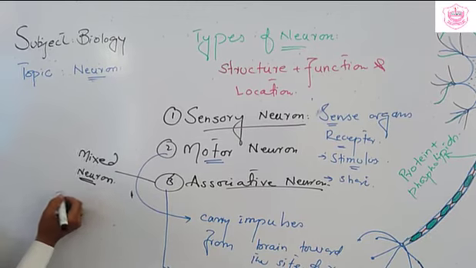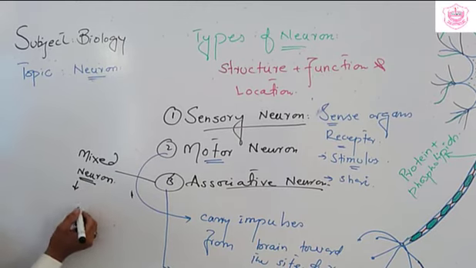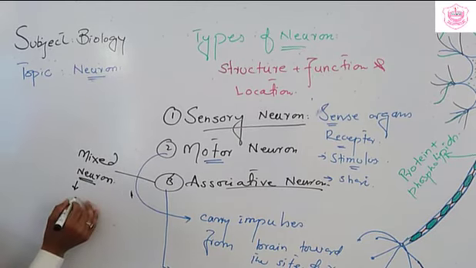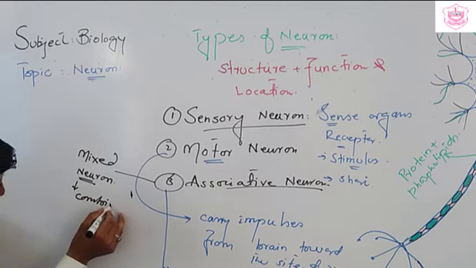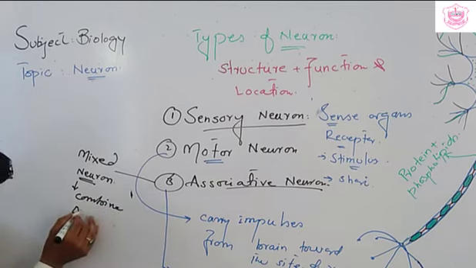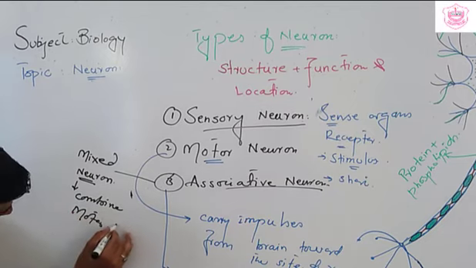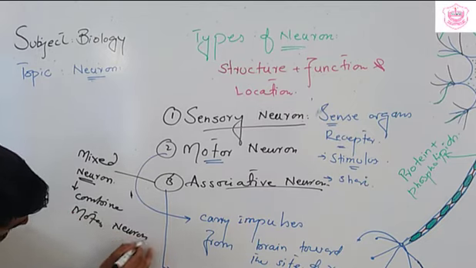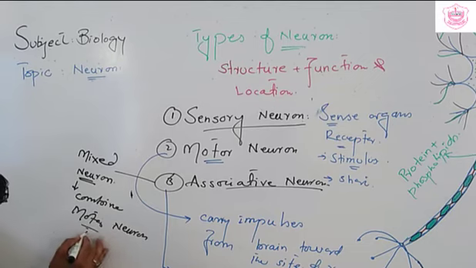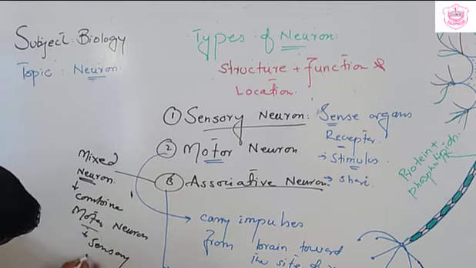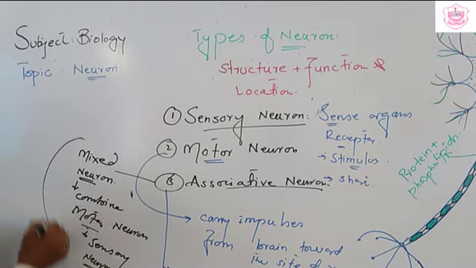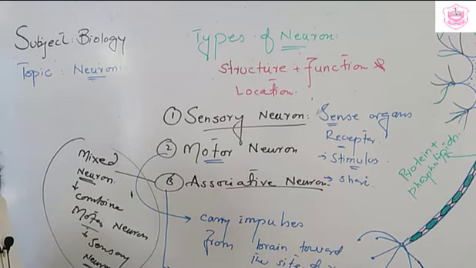The function of the associative neuron is to produce a link, combining the motor neuron with the sensory neuron.